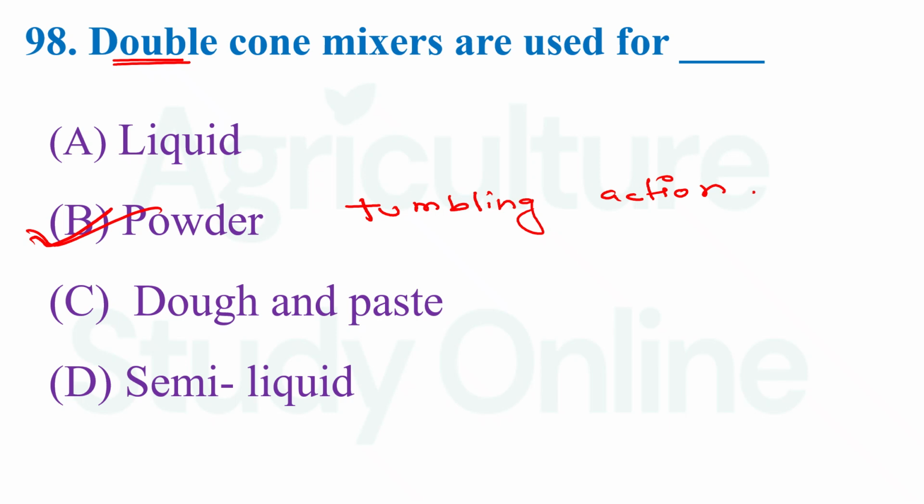Means it will ensure uniform mixing without high shear, and it is common in pharmaceuticals, in foods, in chemical industries. Whereas liquid, it requires agitators. For mixing doughs and pastes, it needs kneaders.